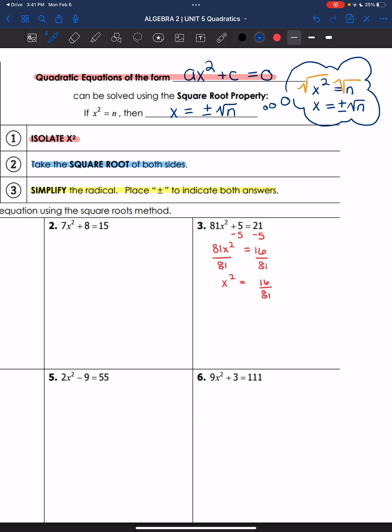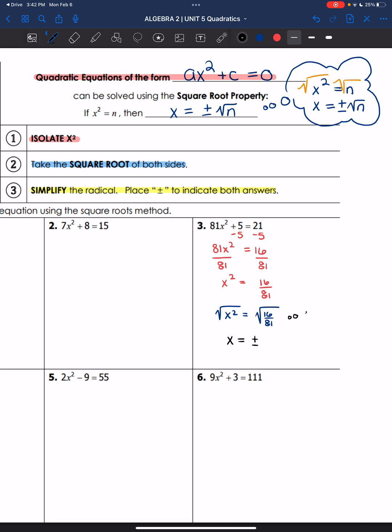Step number 2, take the square root of both sides. And then we are ready to go ahead and simplify and write our final answer. Make sure that we include both positive and negative. Now we take the square root of the top and the bottom.